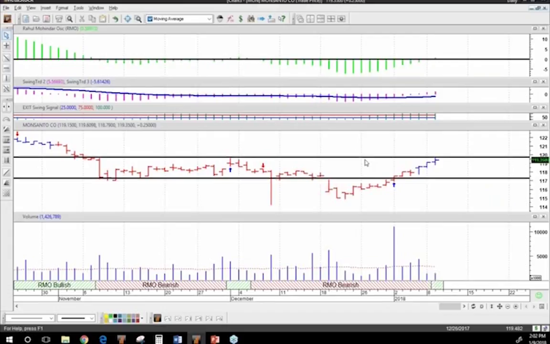So if we subtract 117 from 119, we're going to have somewhere between 1.8 and 2.3. I don't want to do the math, you'd want to do the math. But we know exactly what our risk is when getting into this trade.